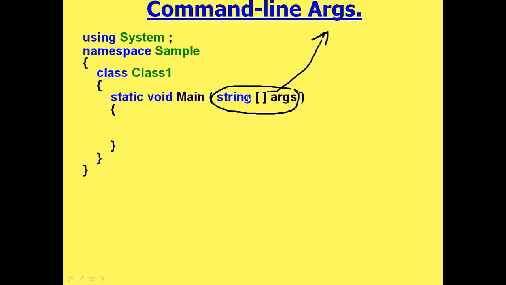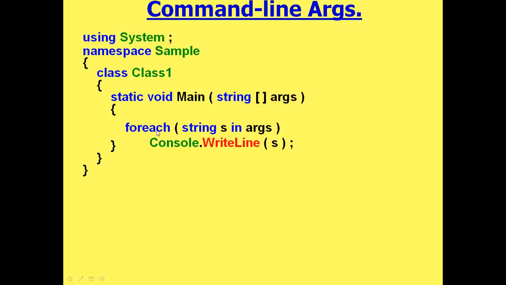Now let's say I want to iterate the elements of an array. How to iterate? Iterate means traverse. In C language we generally use a for loop or while loop. In C#.NET, whenever you want to traverse the elements of an array, it provides a neat and clean way called foreach.